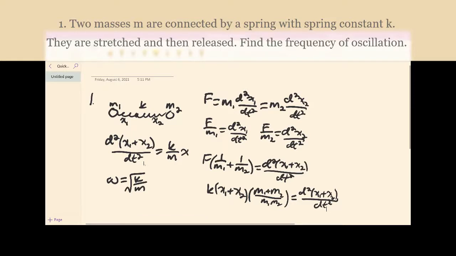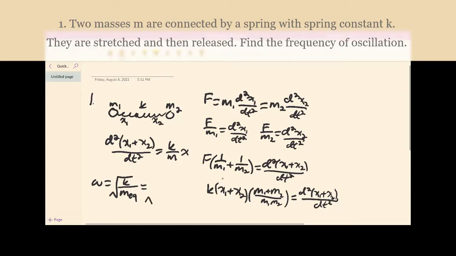So then this means that omega would be equal to the square root of k over this equivalent mass, which is m1 m2 over m1 plus m2.